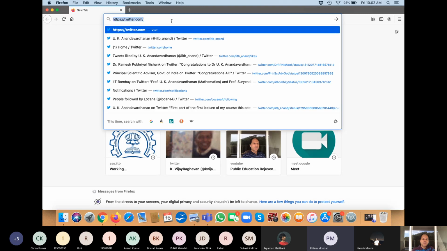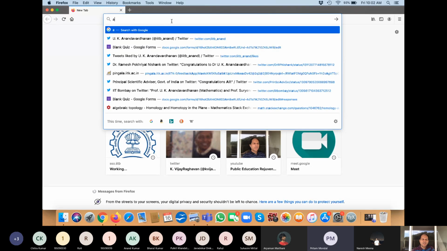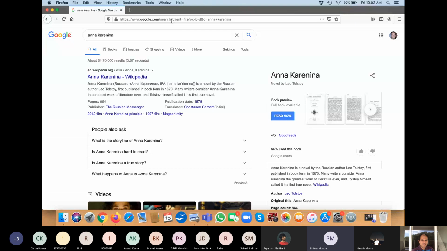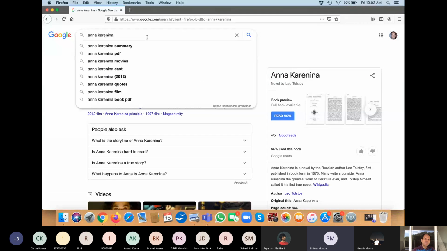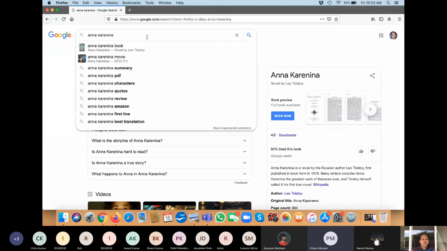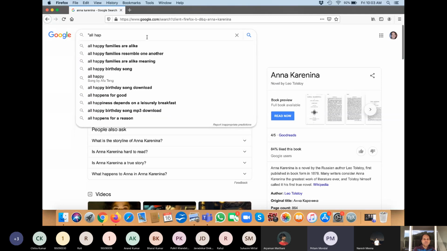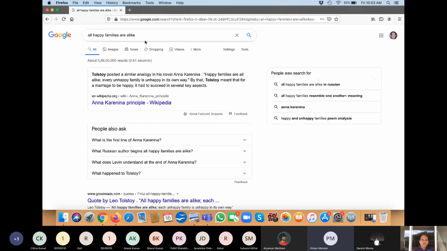Maybe his most famous books are War and Peace and also Anna Karenina, right? This book I have read, and the opening sentence is very famous. See, it's suggesting: all happy families are alike. Can you see this, or should I zoom further?